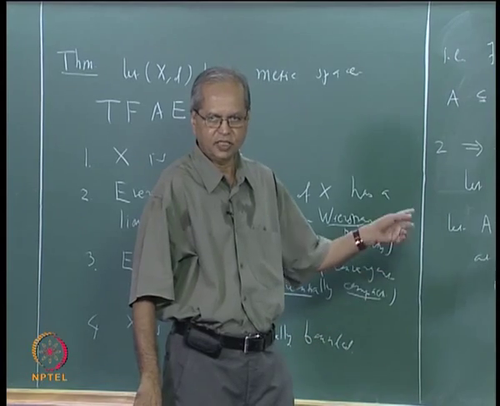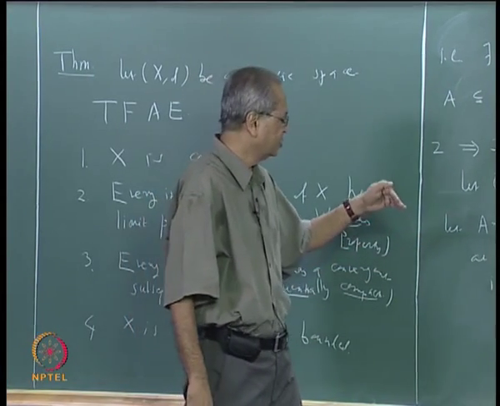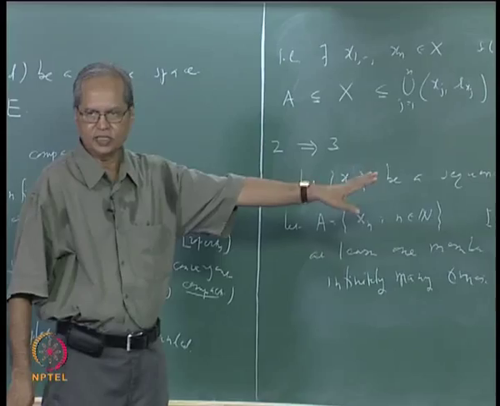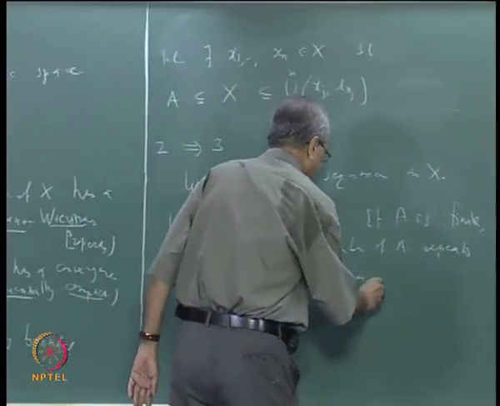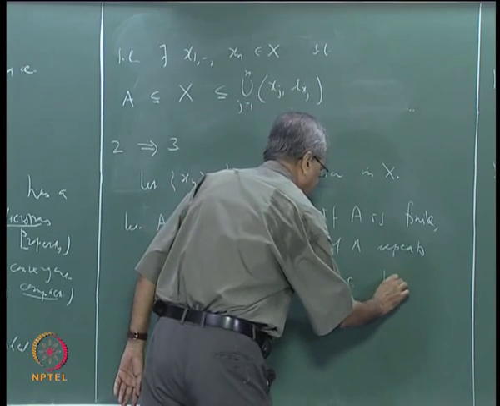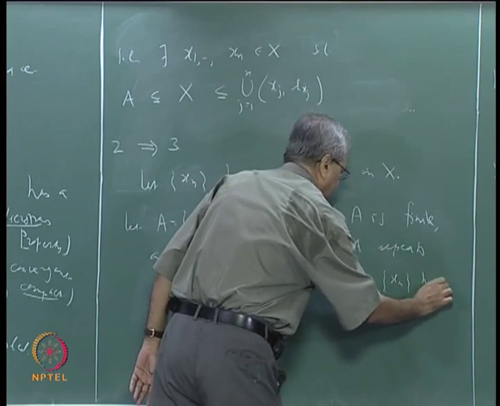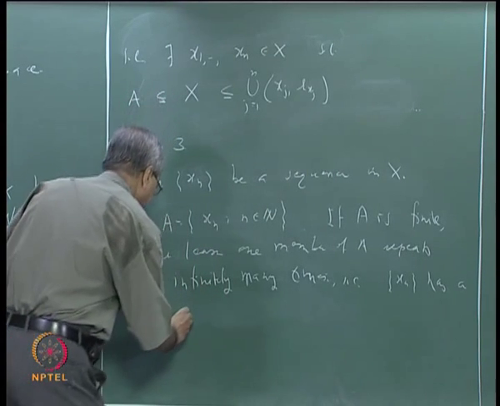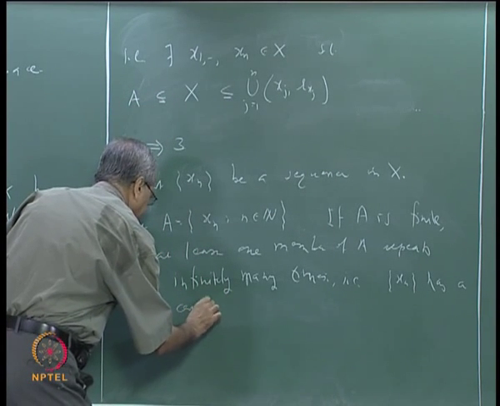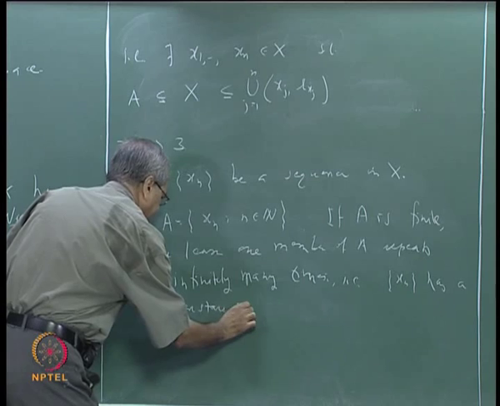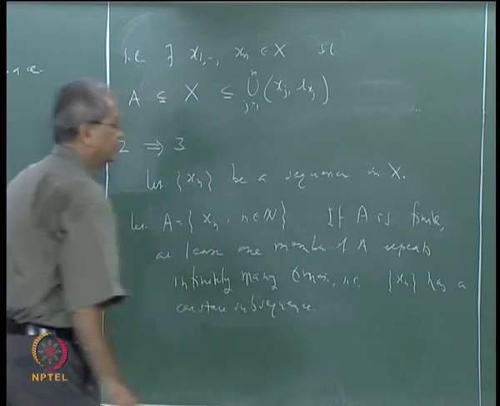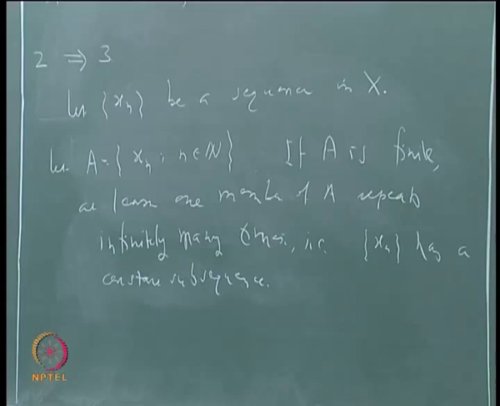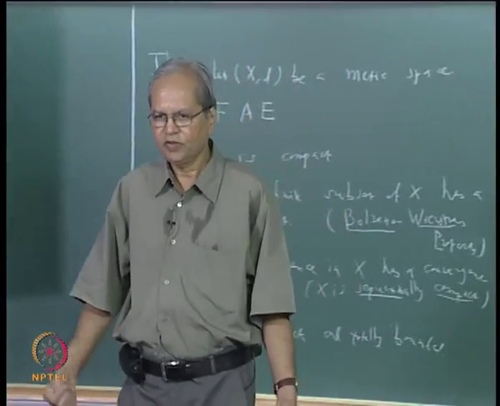For example, suppose x1, x3, x7 are all the same, you just take that particular subsequence. So we can say that xn has a constant subsequence. So if A is finite, there is no problem.